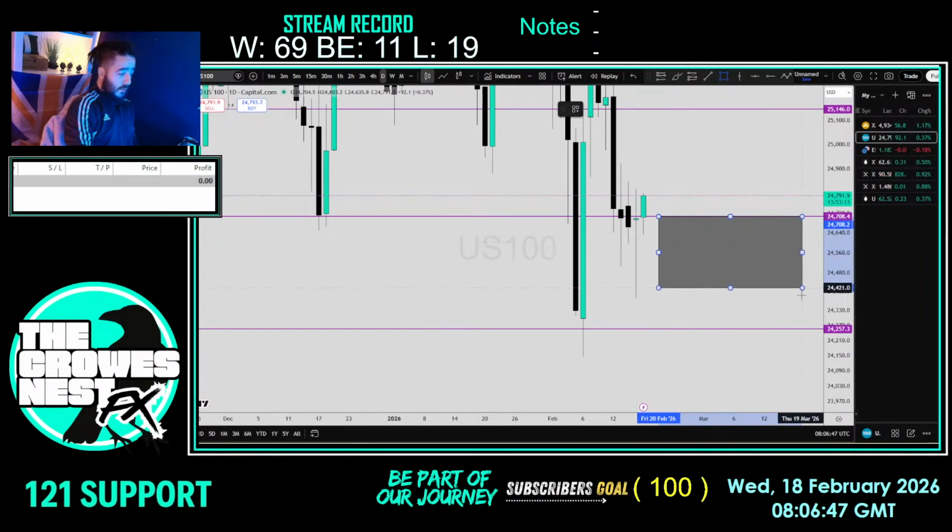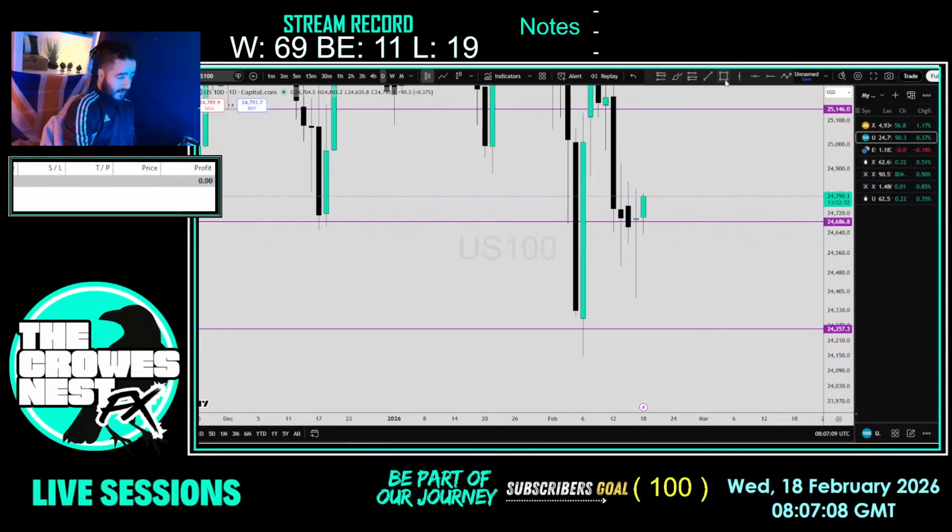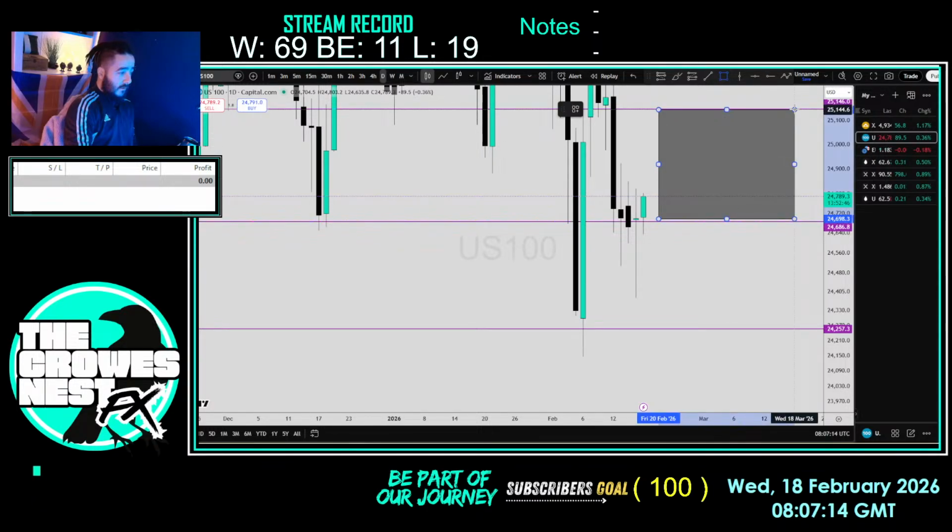And what range are we in? Well, we are in this range still. Therefore, where can price go? Technically, this daily should flip downside to come and fill the range on the weekly. Now, if we say the daily has broken back above and we're now in this range, where should we be going?